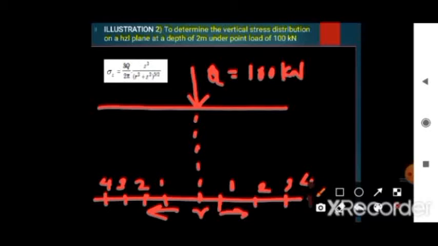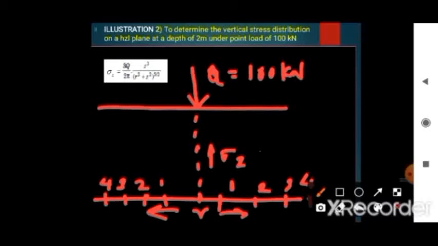Now this particular axis is going to be of sigma z values, in kilonewton per meter square. Just remember this: the magnitude of sigma z is in kilonewton per meter square, and the R value is in terms of meter. Before we plot the vertical stress distribution diagram, we will mark the points.